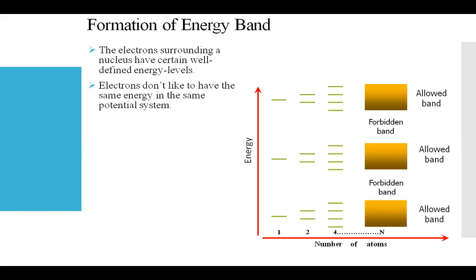Right now, the electrons around the nucleus will have some energy level, and they don't like to have the same energy level as the system potential level. That might be different. But according to the number of atoms, how the energy levels will be defined is given in this diagram. So this is just the energy level diagram, or the formation of the energy band, given here for the different number of atoms.